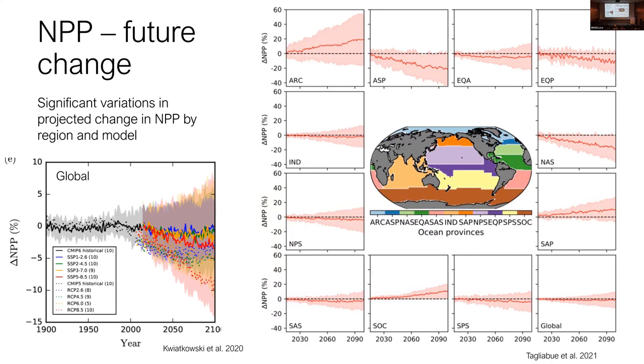So in Tagliabue et al. 2021, they broke down the contributions from different CMIP6 models and showed, for example, in the North Atlantic subtropical gyre, so I think here, on average, the models are showing a decline in NPP, but there are some models that show very little change. So this may be due to some specificities and distinctions in each model.